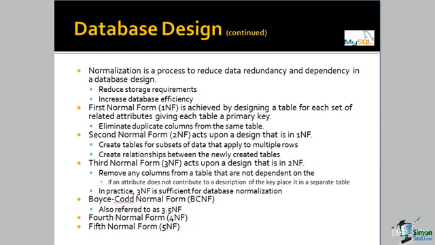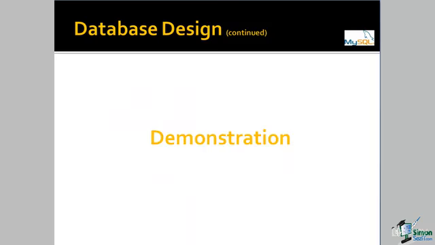In all practical applications of an OLTP system, third normal form is generally sufficient for efficient operation of the database system. There are other forms, to be sure. These are very theoretical and we will not be discussing them. So let's go look at some code and see how to design a database and normalize that database.